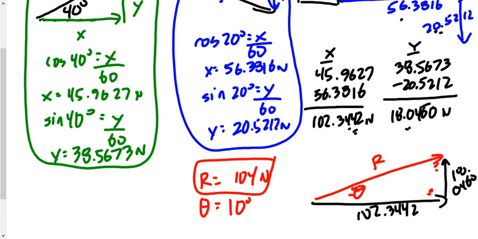How do I express that? 10 degrees what of what? Liam, what do you think there? 10 degrees south of west? 10 degrees what? Which way am I going here first? To get to this point, where do I go? Which way is this? Yeah, to the right or to the east.